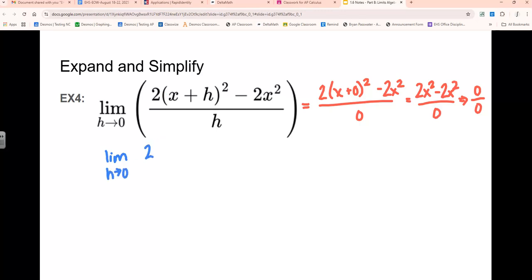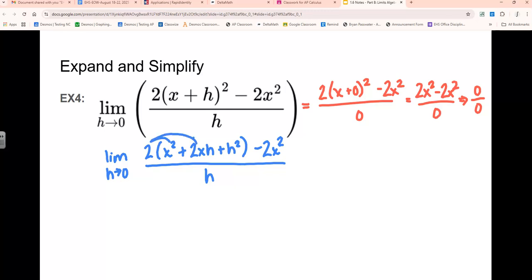We'll have 2 times x squared plus 2xh plus h squared minus 2x squared, and this is all over h. And we would need to distribute that 2.